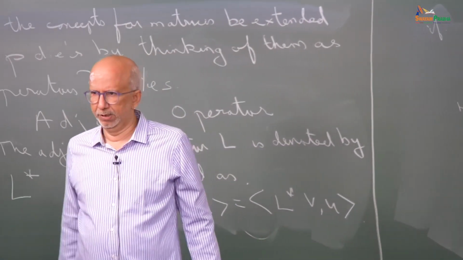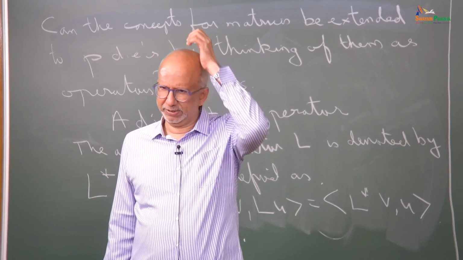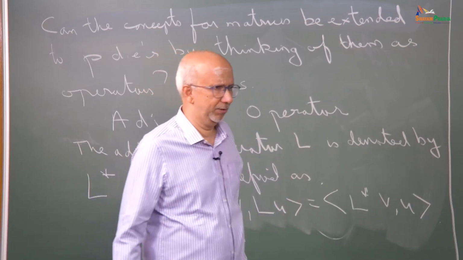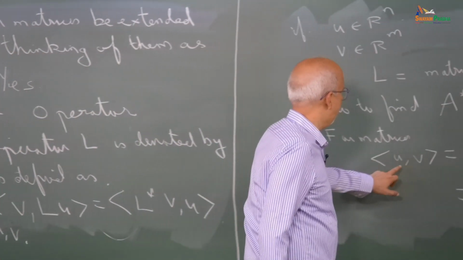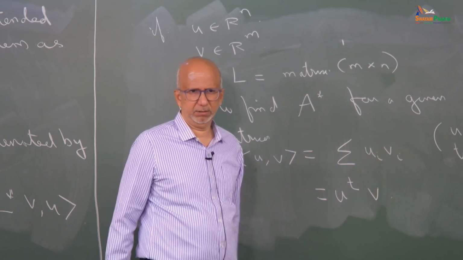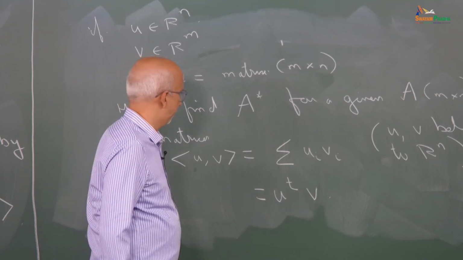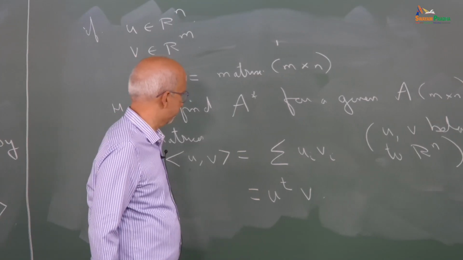Only then you can get this 1 by 1. So, u is an n by 1, u transpose will be 1 by n, multiplied by n by 1, and I will get a scalar, the same as this. Is this clear, or do you want me to explain this?